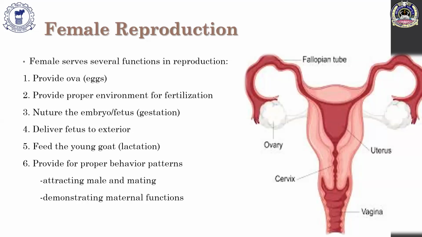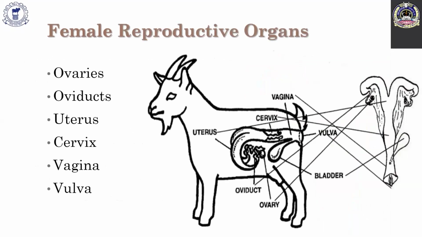The female will approach males in its heat period and demonstrate maternal functions towards the offspring, the lamb or kid. So these are the specific properties of female reproduction.